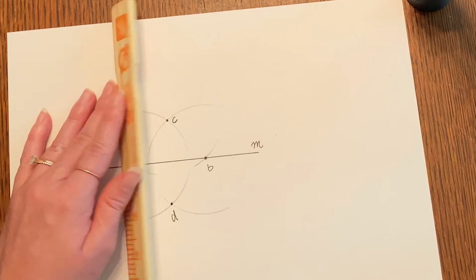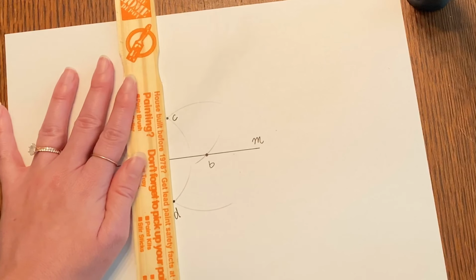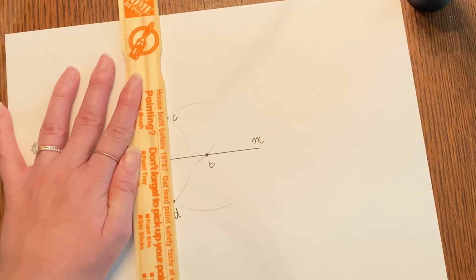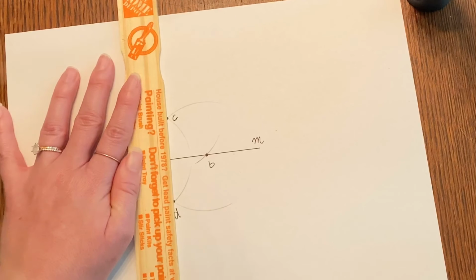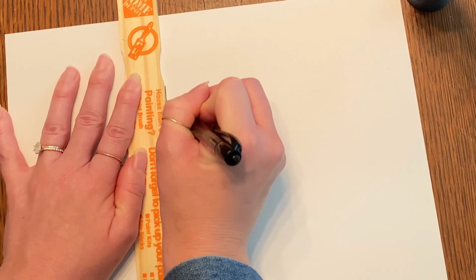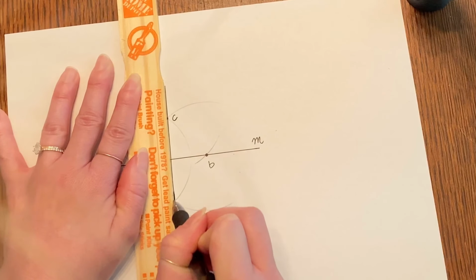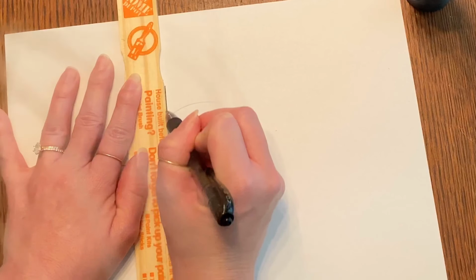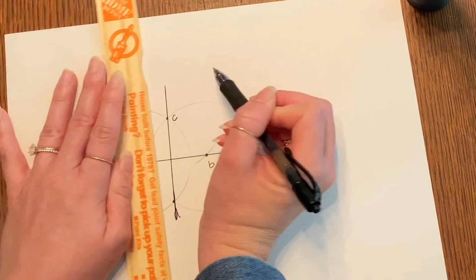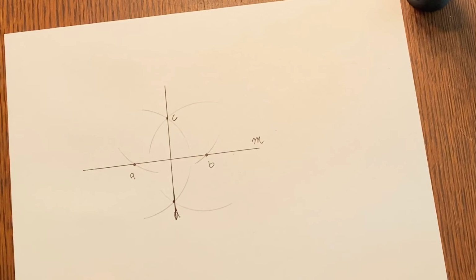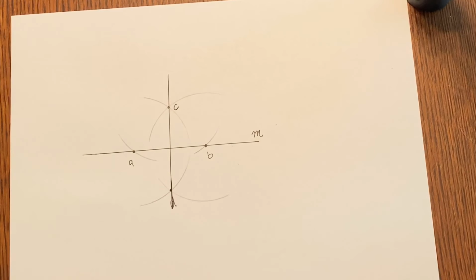So we're going to use this ruler straight edge, and we are going to connect C and D. So I'm going to take C and connect it to D. Sorry, that's a little bit off. Okay, so now I took C and connected it to D, and we can only use constructions that we know how to do.